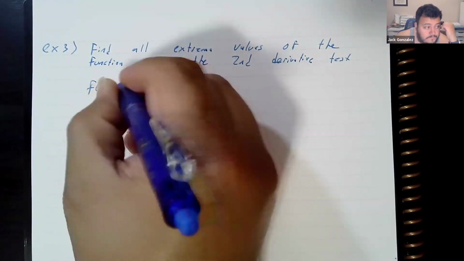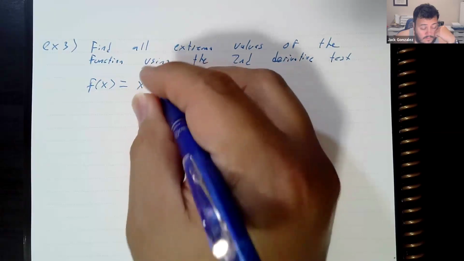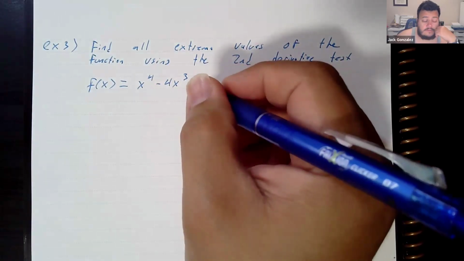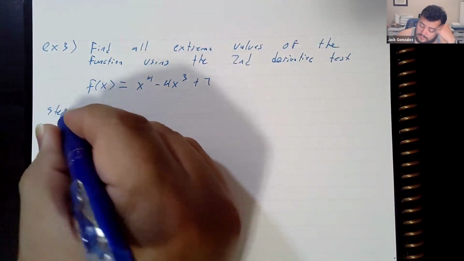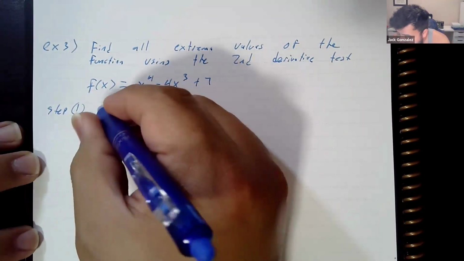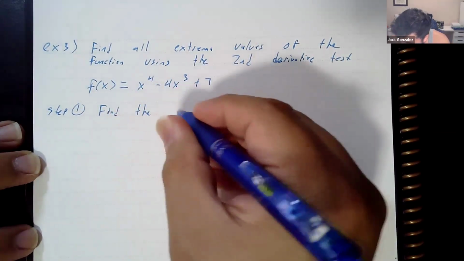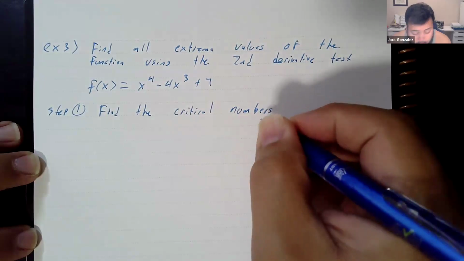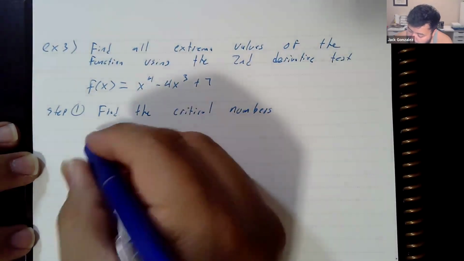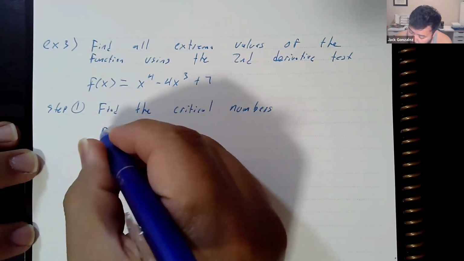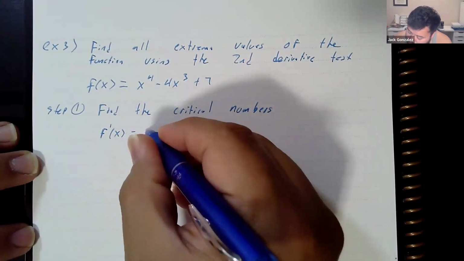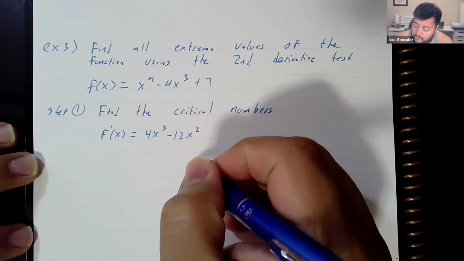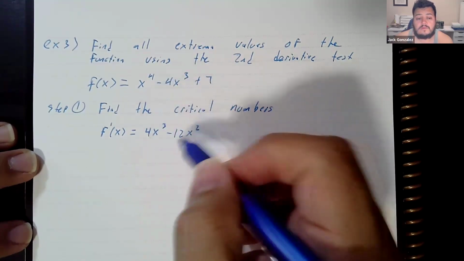Here's the function, x to the fourth minus 4x cubed plus 7. So step one, you have to find your critical numbers like we did before. The 4 comes down, subtract 1, 3 down.